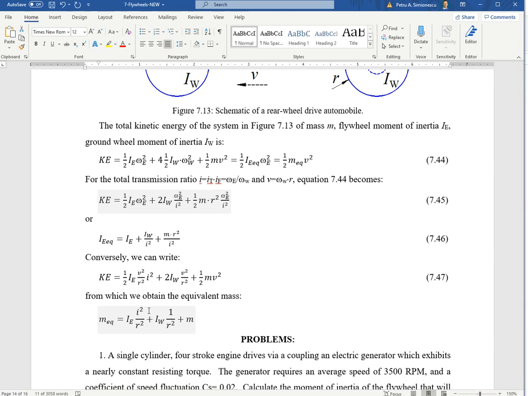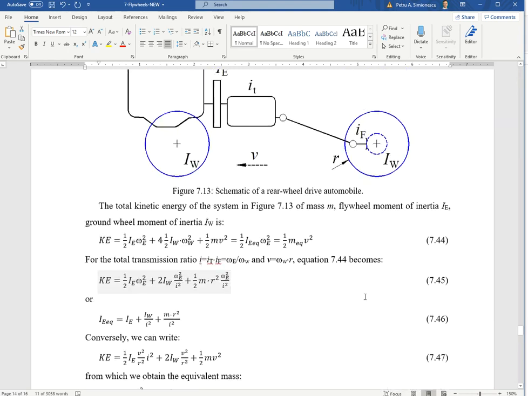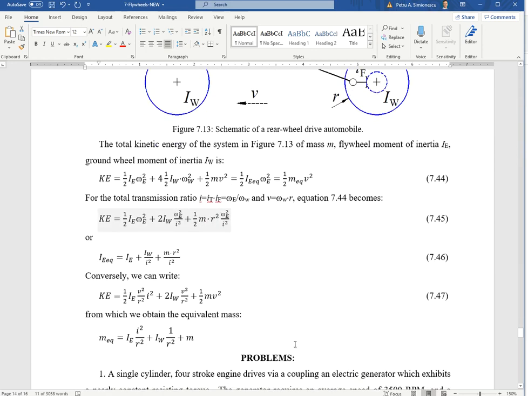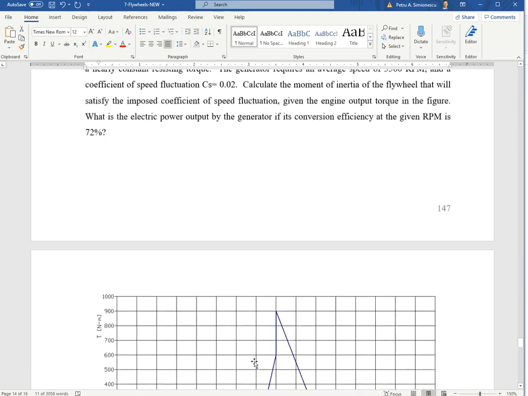The total transmission ratio could easily be 16, so you have 16 squared, and then the radius of the wheel squared, maybe half a meter radius. So again, you can judge qualitatively based on this equation what the effect is. Again, it's the square of the transmission ratio and the radius of the wheel.